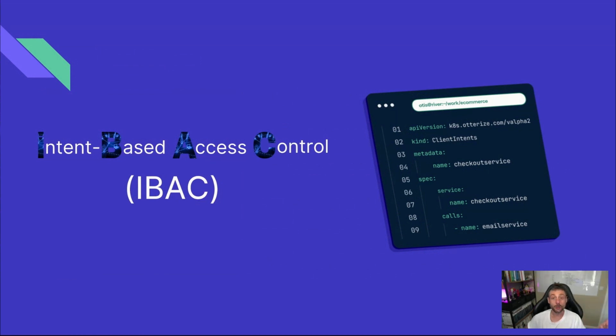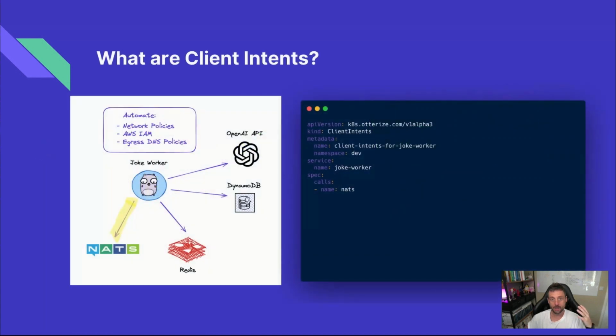So let's take a closer look at how Otis' workflow changes with IBAC. At the core of IBAC is client intents, a Kubernetes custom resource that represents the developer's intent. We'll follow the same steps as before, granting access to the resources that the datjokes application needs to function properly.